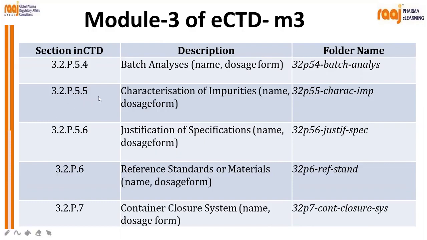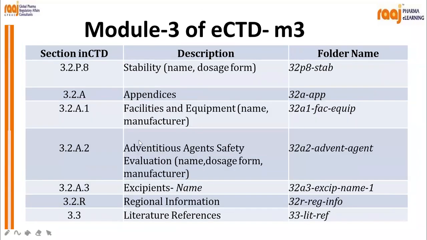Now here P5.5 characterization of impurities, then 5.6 justification of specifications, then P6 reference standard. There also, you can see S6 was reference standard, then S7 stability. Here P7 is container closure and P8 is the stability. So it becomes very easy to remember when we consider the drug substance and the drug product parts.